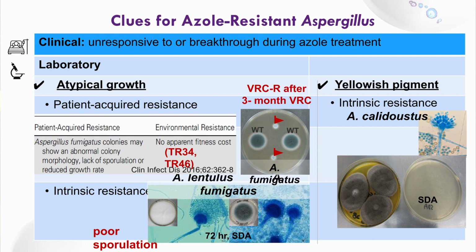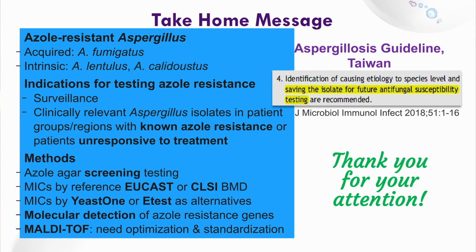So for an Aspergillus-like colony with whitish appearance, we should consider Aspergillus lentulus. And Aspergillus calidoustus is also intrinsically resistant to azoles. It produces yellowish pigment, which turns the medium yellowish. So for an isolate which produces yellowish pigment, especially when it is recovered from a patient with azole exposure, we should consider Aspergillus calidoustus.